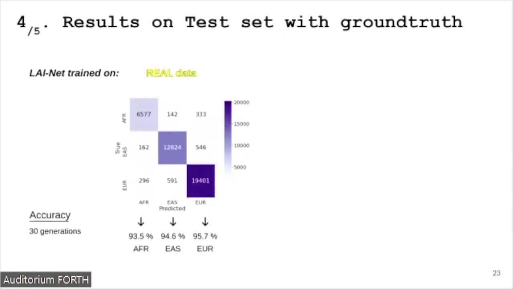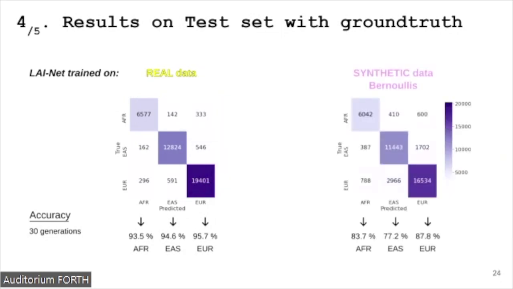And so here are some results on the ground truth data. Here we have the Linet model that was trained on the real data, and I plotted the accuracy of this model. So it's pretty good overall. It's over 90% up to 96%. Then we have the Linet model that was trained on the synthetic data coming from the Bernoullis.